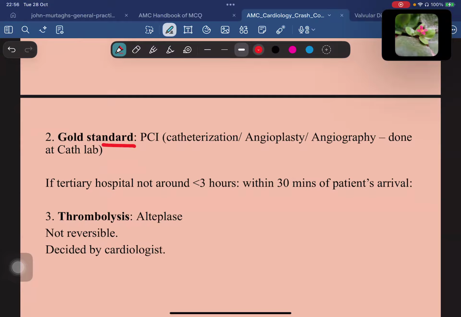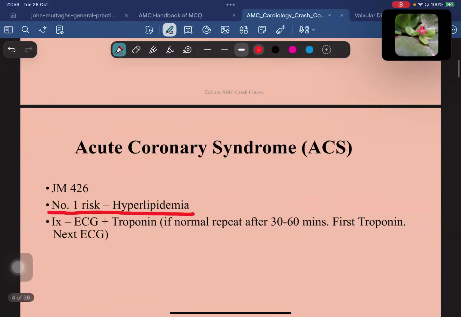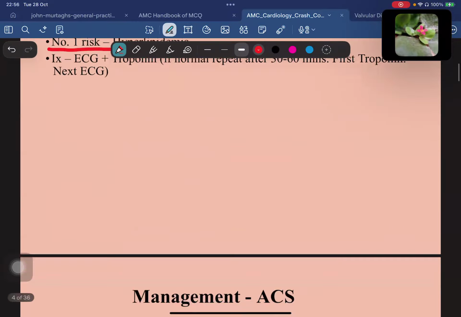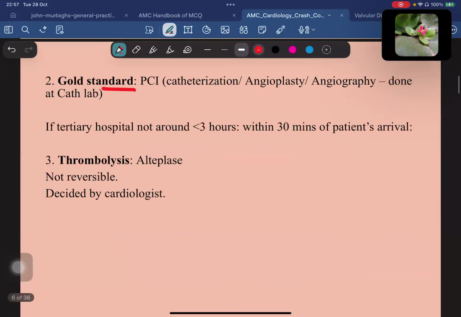So always try, in your head, to highlight words like gold standard, words like number one risk, not just risk, number one risk. Words like most common, those things are very important when you're trying to dissect a question and find an answer.